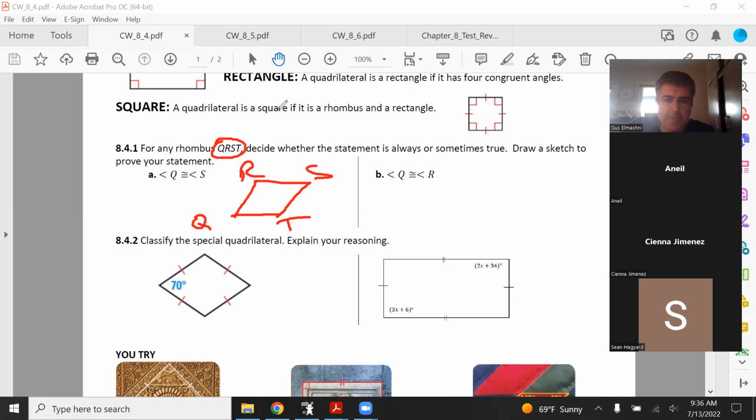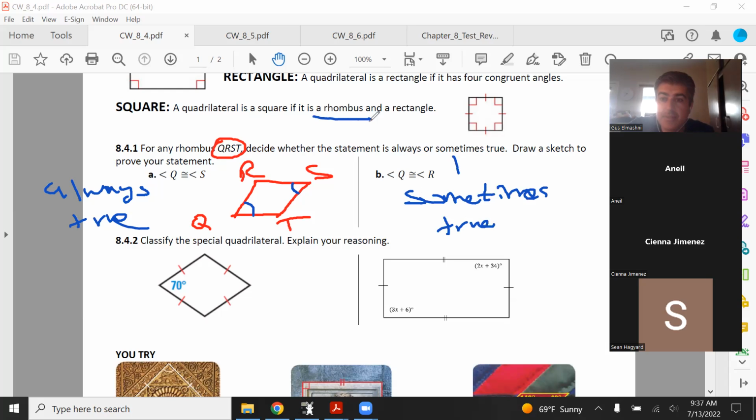So Q and S are clearly opposite of each other. And it is a special parallelogram, where all opposite angles in a parallelogram are congruent. So this is always true. Where Q and R, sometimes true, if you so happen to have a square, because a square is a rhombus, that's just a special rhombus.